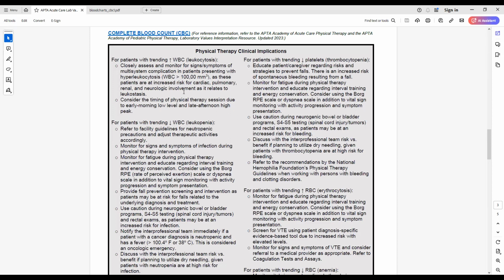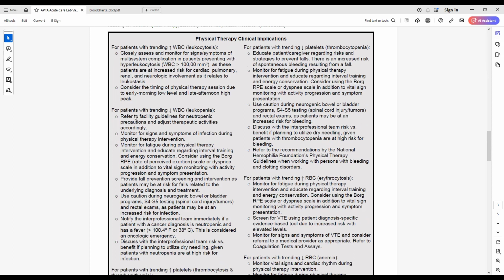Consider the timing of the physical therapy session due to the early morning low level and late afternoon high peak, as I just explained in one of these slides.